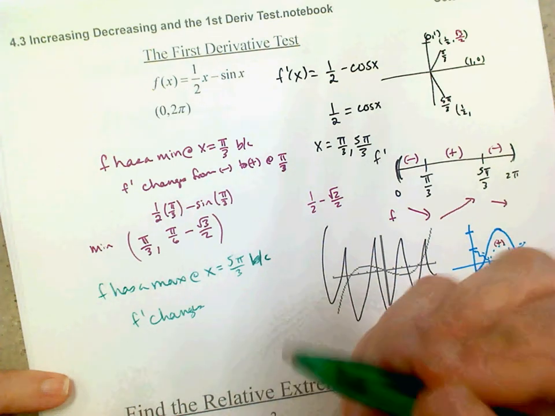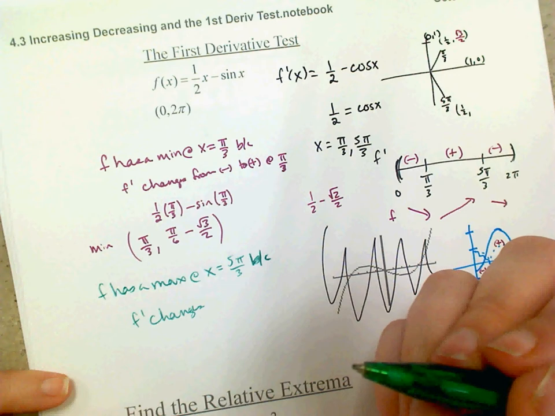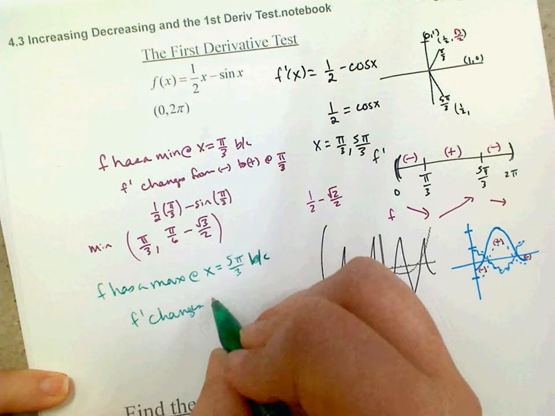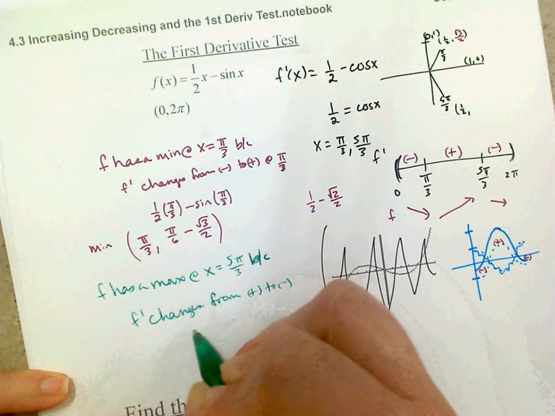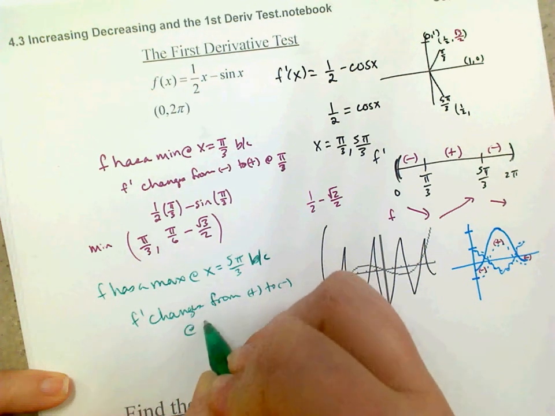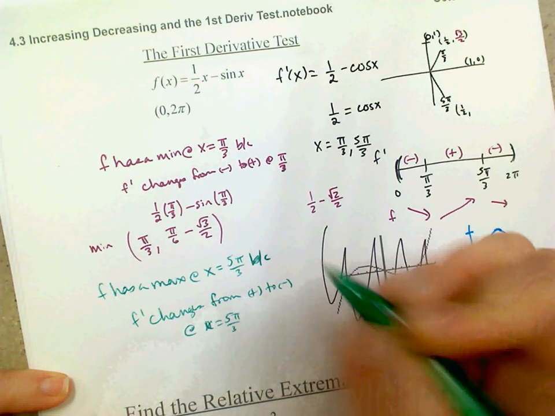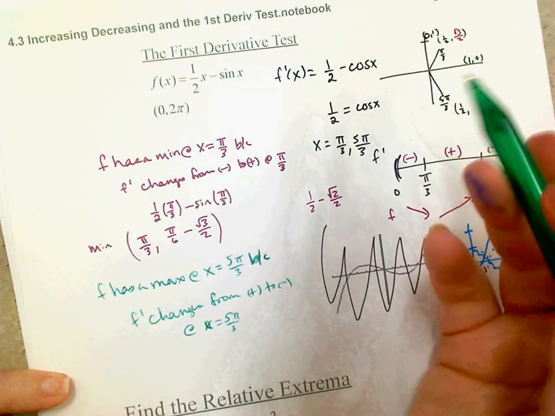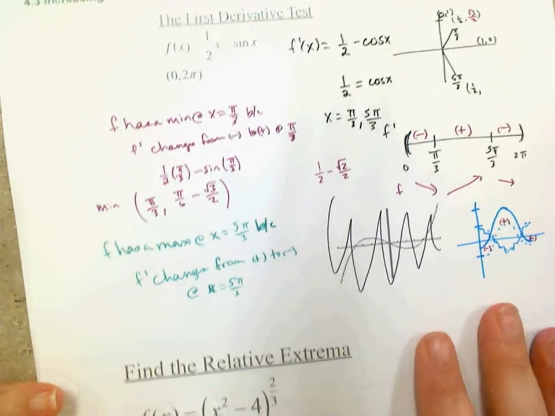F prime changes from this to this. And it seems simple, but that is what they want, okay? F prime changes from positive to negative at x equals 5 pi over 3. And f prime equals 0, that's kind of important, that we're finding where it equals 0. Because if it was undefined, but then changed from positive to negative, that would not be a max or min.